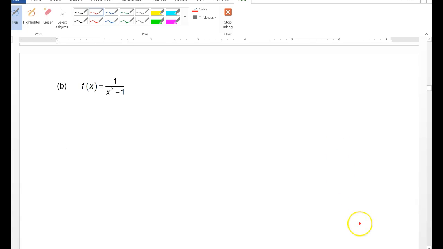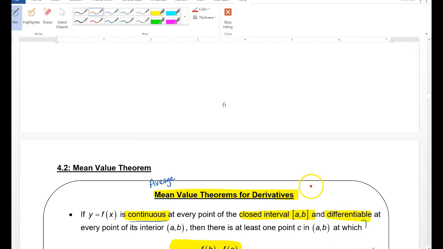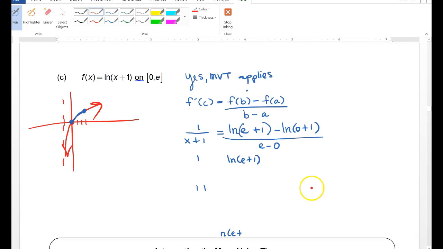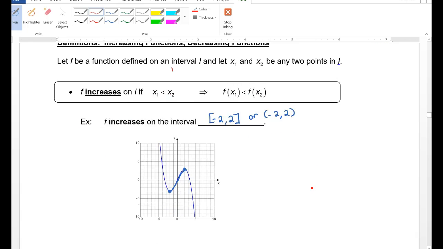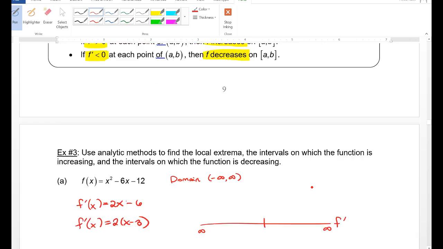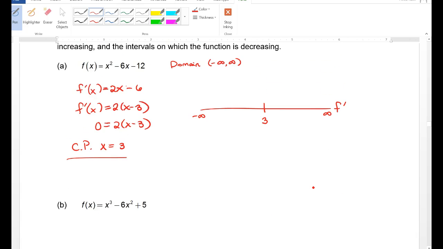The domain should have been from negative infinity to -1, -1 to 1, and so on. We put open circles because that's where it's undefined. So is it always going to be negative infinity on the number line? As long as that's our domain, like if it goes from negative infinity to infinity. You'll see there are some examples where it doesn't.